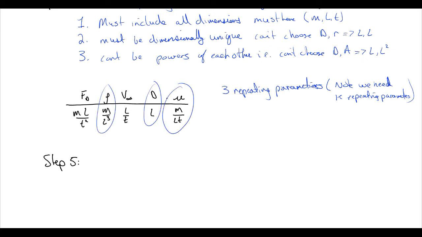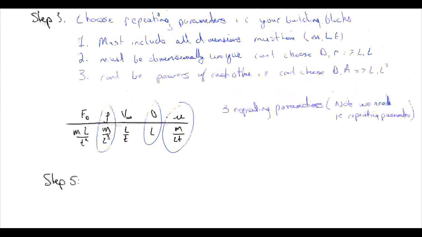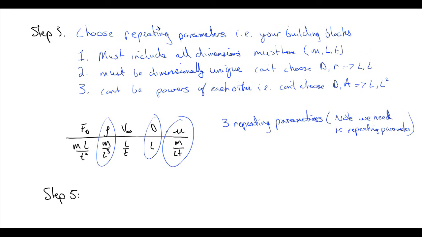Okay? We're going to pause here for a second, and you're probably going to ask me, well, there are lots of options which meet these requirements, particularly for here. Like, I could choose v, d, and mu, or f, rho, v. There's tons of options.